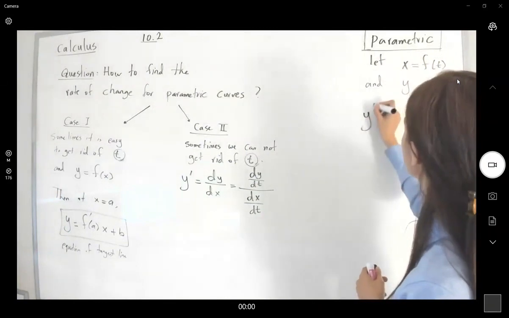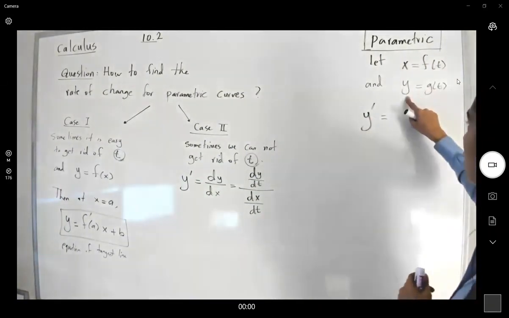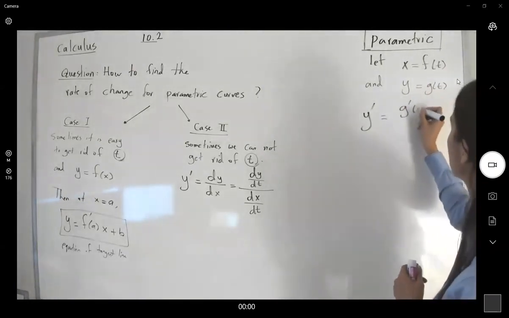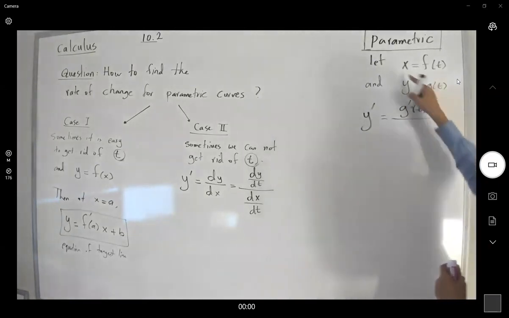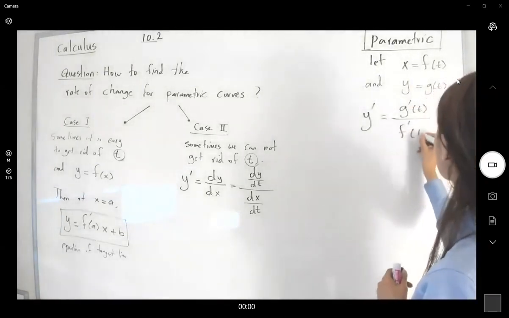Then the derivative is the derivative of y with respect to t, so we have g prime, divided by the derivative of x with respect to t, which is f prime of t.